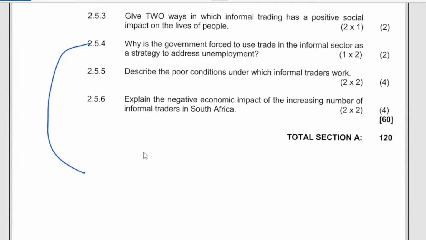So if we try to justify that, this is 254, right? We can say, why is the government justifying that? Because there's limited job creation in the economy. For that reason, the government is failing to create enough jobs for the people. And for that reason, again, for them not to account for high unemployment figures, they treat people who are in the informal sector, in the informal trading, as people who are employed because of limitation of job creation.